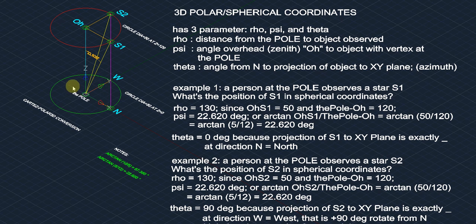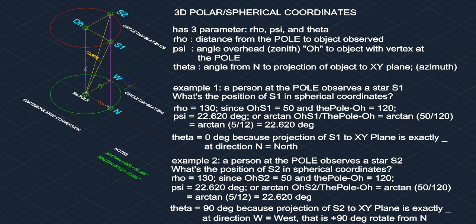And we also have theta. Theta is the angle from north, positive to here. North is 0 degree, west is plus 90 degree.